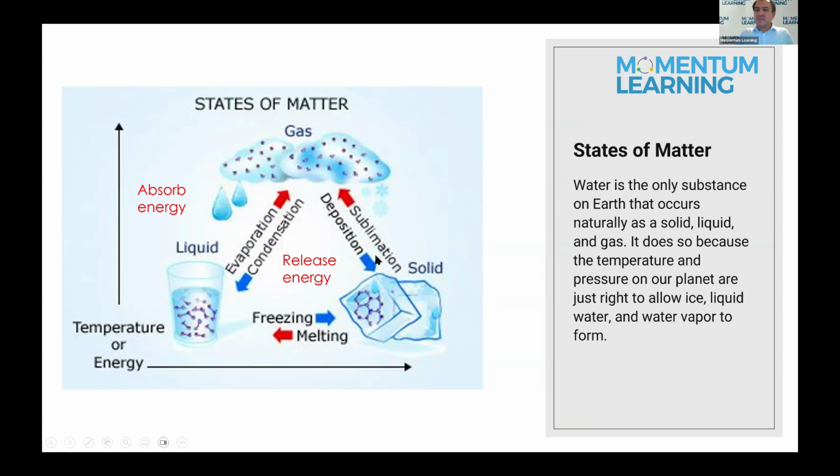Okay, states of matter, solid, liquid, gas. When you convert from liquid to gas, it is evaporation. Sometimes we call it boiling. So boiling and evaporation, kind of, there is a difference as well.